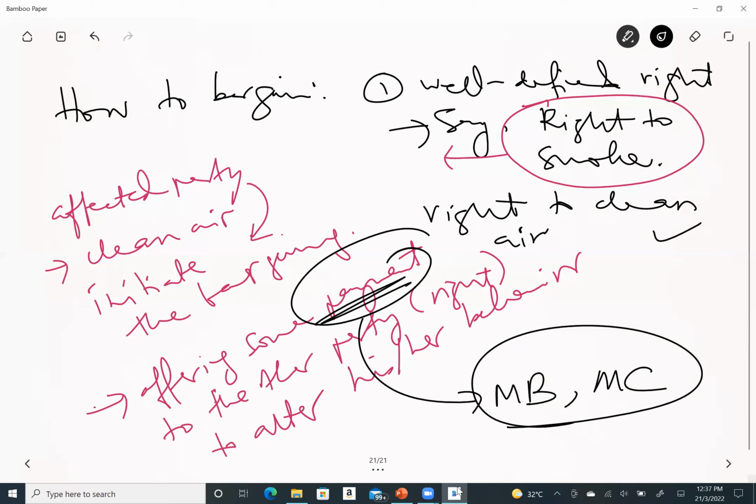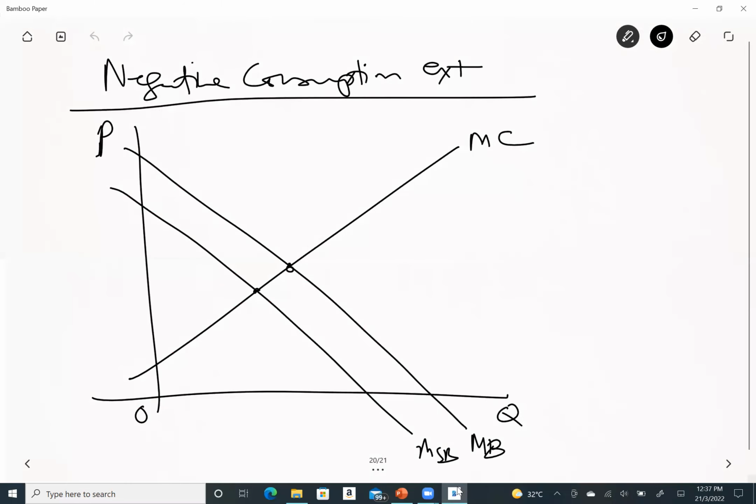So let's look at the situation. Now, if we look at this diagram here, negative consumption externality, we will start with EC. So this is QC, and of course that is the PC.